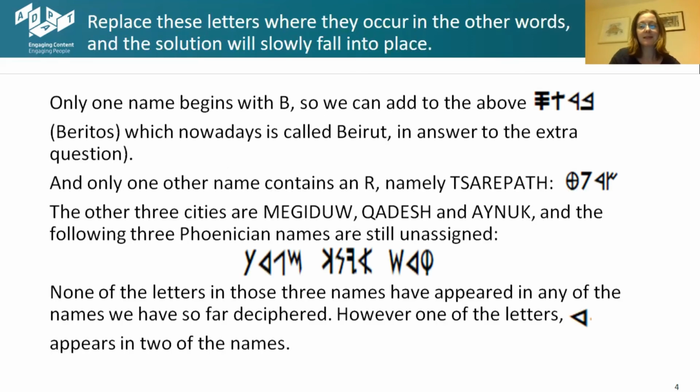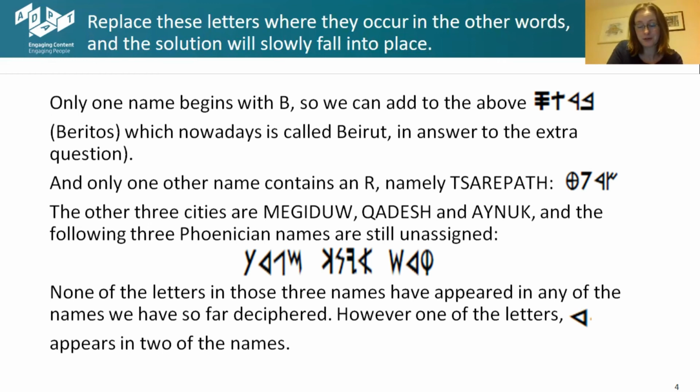Once we've done this, we repeat the process in this puzzle. We replace these letters where they occur in the other words, and the solution should slowly fall into place. One way of doing it is to see that only one name actually begins with a B. So we could work out that that word is Bertos, which nowadays is called Beirut.